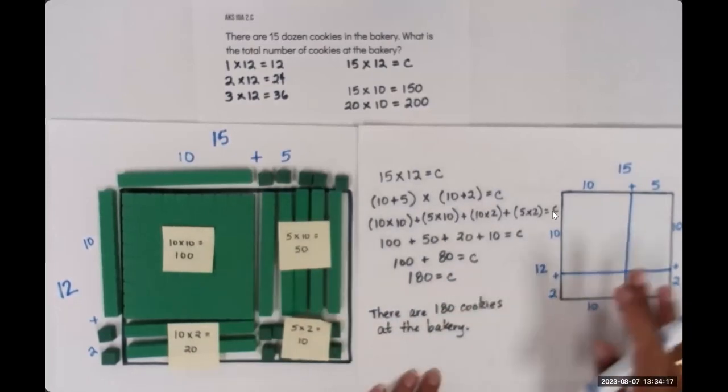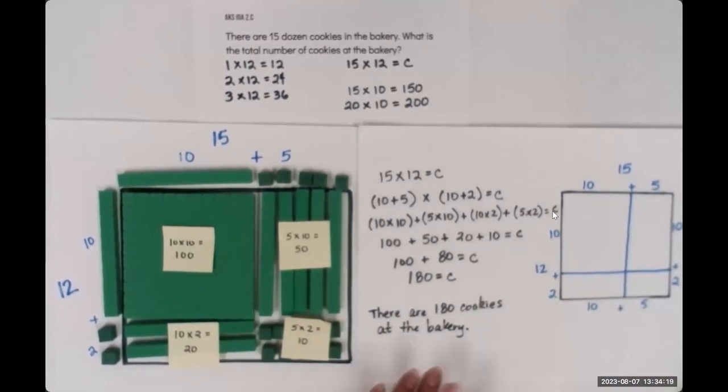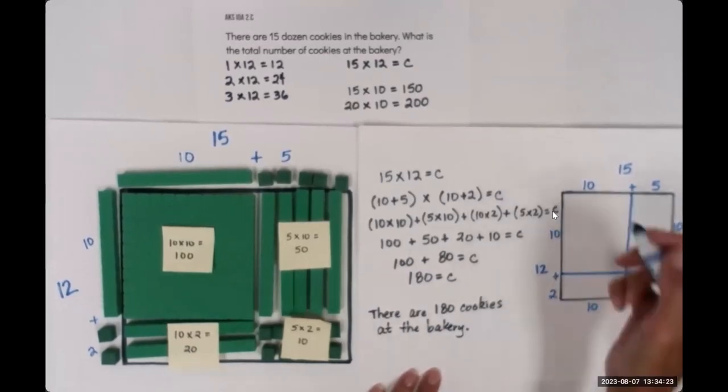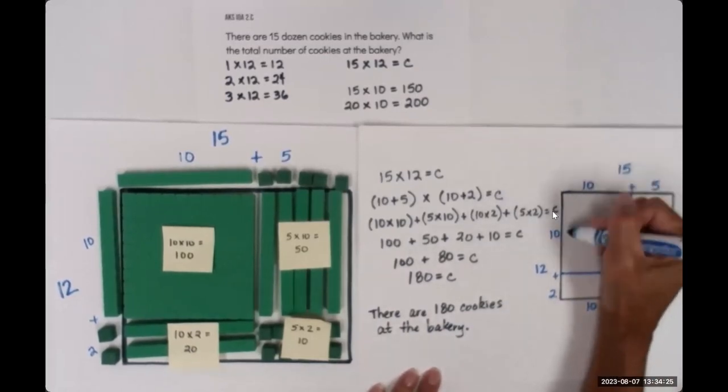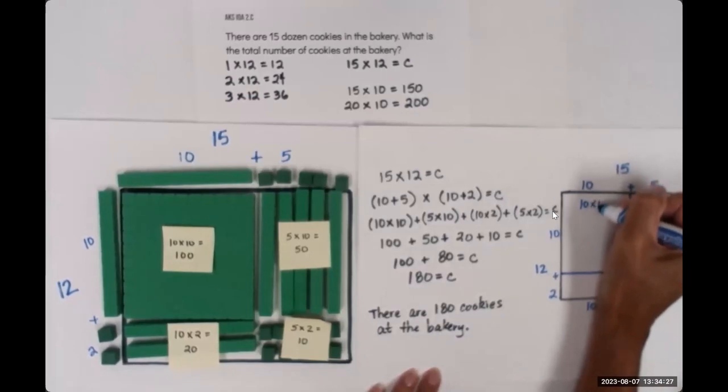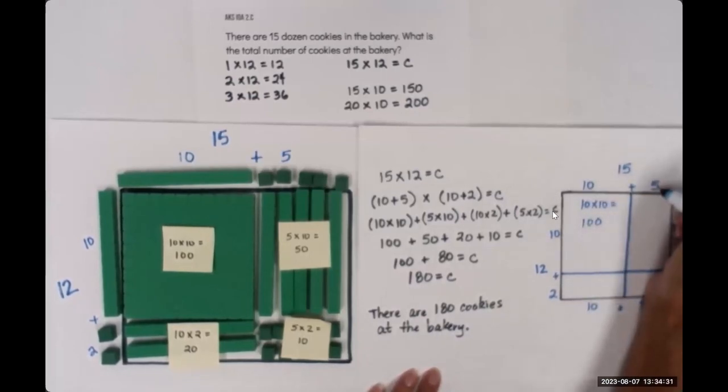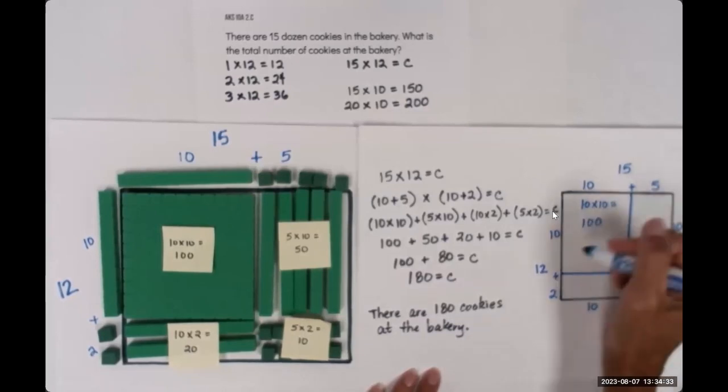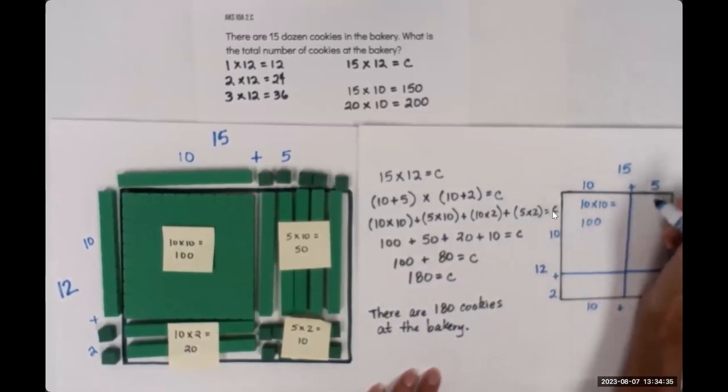So this representation is really matching this concrete model, right? So from here, I can say 10 times 10 is equal to 100. And I'm multiplying the value of the digit 5 by the value of the digit 10 to get 50.